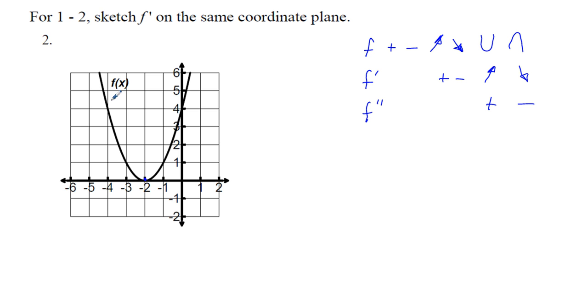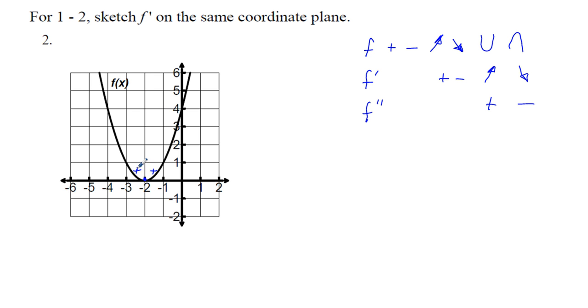Okay, so this is the graph of f, and we hit the 0 right here. Looks like we are positive all the way on both sides. I'll put plus, plus.